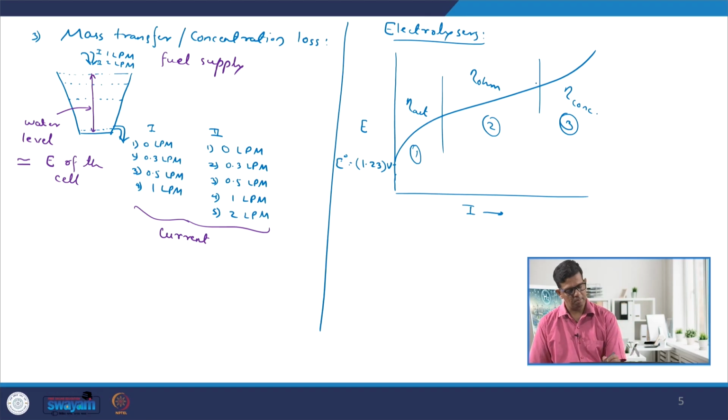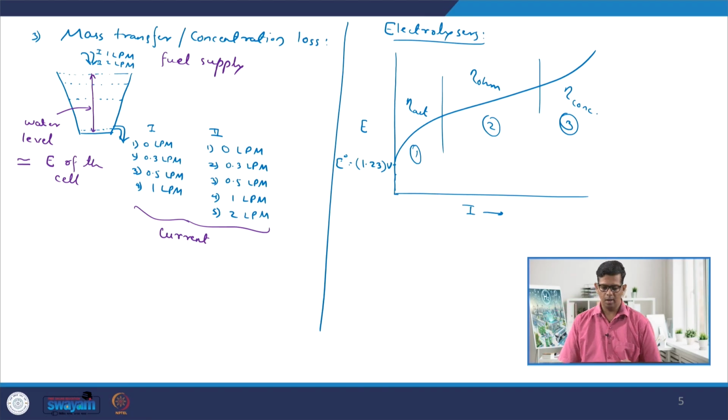We follow this path depending upon what materials we use, what catalyst we use, and what electrolyte we use, and accordingly this can be characterized. In normal practice, these electrolyzers are operated at much higher temperature and pressures. For example, polymer electrolyte membrane based electrolyzers operate typically at 70 to 80 degrees Celsius, and the pressure is as high as 10 or 20 bar, or sometimes 30 bar as well.